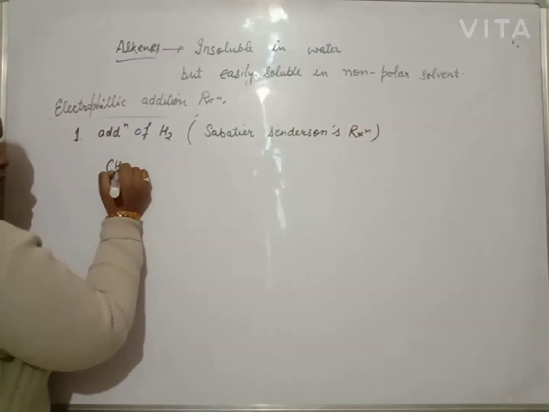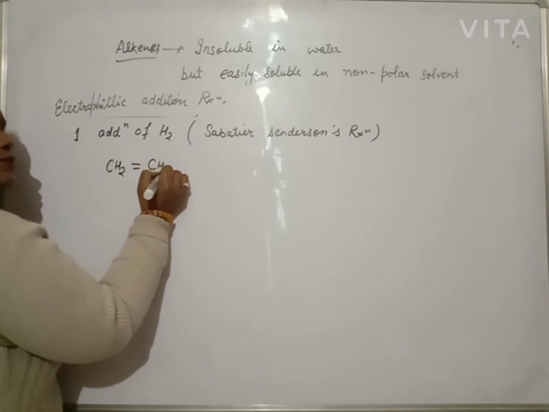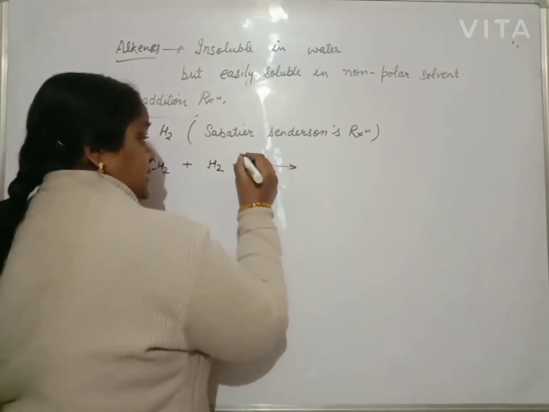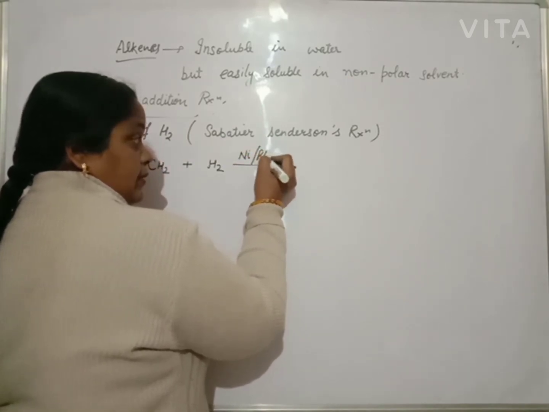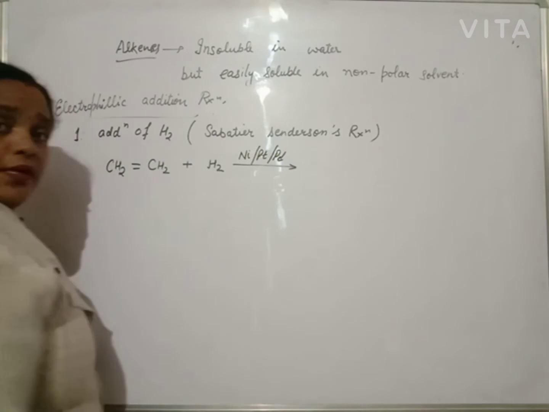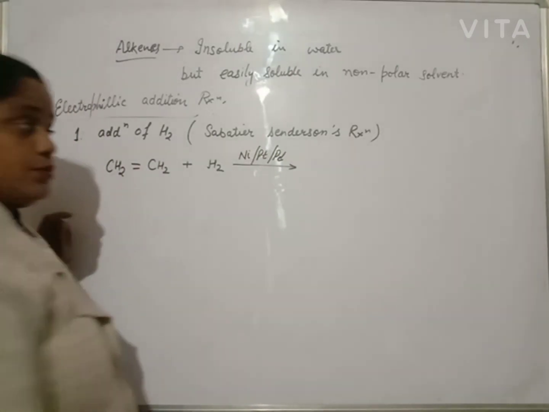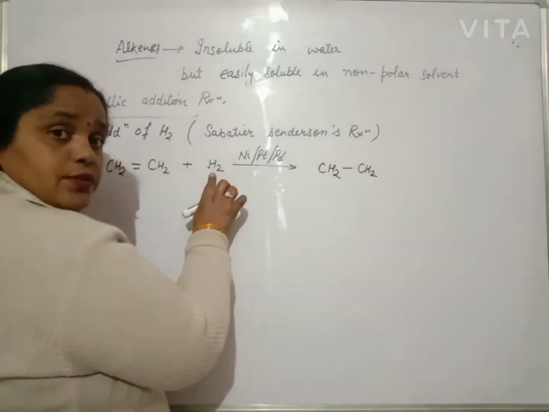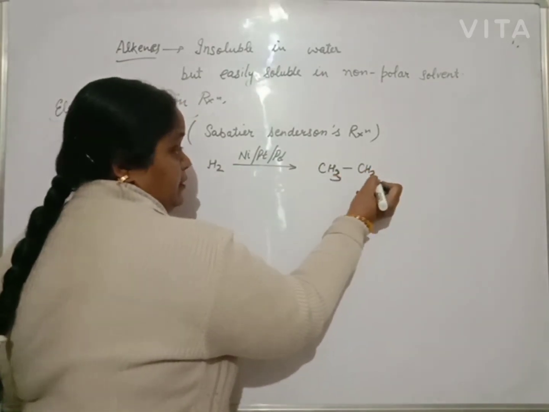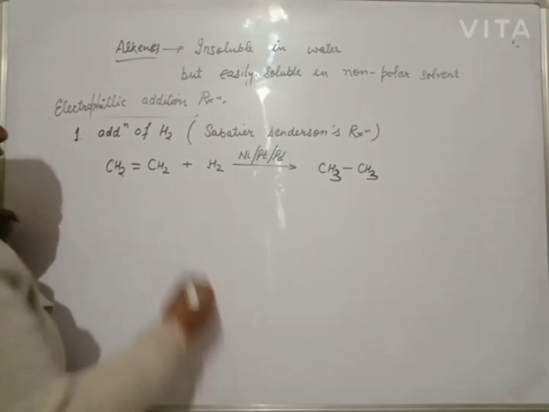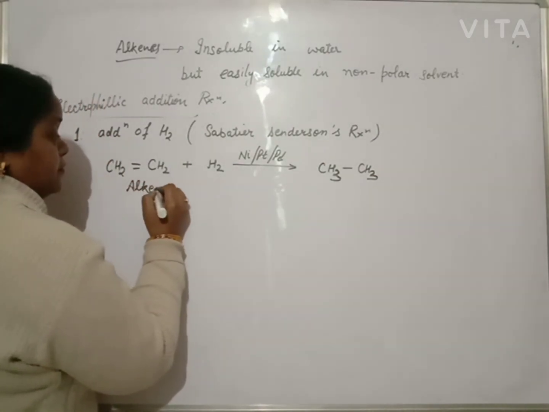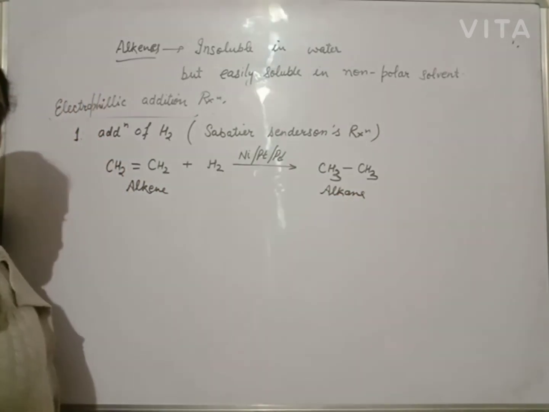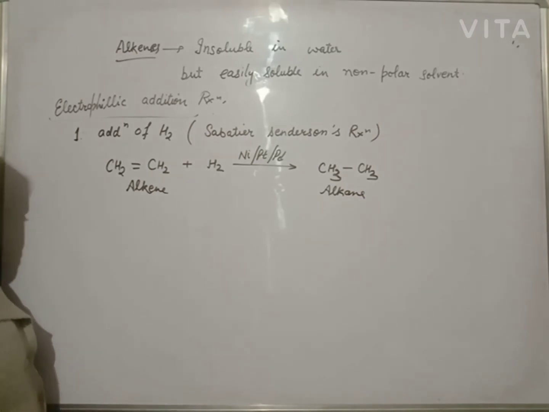We have an alkene, either symmetrical or unsymmetrical, but our reagent is symmetrical, that is hydrogen, in the presence of a catalyst: nickel, platinum or palladium. Clear? This double bond changes into a single bond. One hydrogen moves to one carbon, the other to the other carbon. From alkene, we get alkane. Clear? Addition of hydrogen occurs only at the position of the double bond.